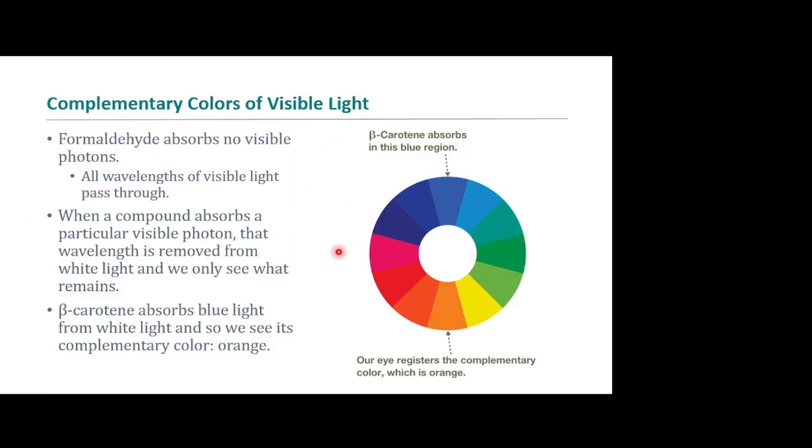When a compound absorbs particular visible photons, the wavelength is actually removed from our white light, which is a combination of all these colors. Does anybody know what white light actually is? Okay, so white light is our eyes going, there's a lot of light coming in, I can't differentiate all these things. I give up. Okay? If we look at gray, that's actually the same thing, but it's like moderate light coming in, right?